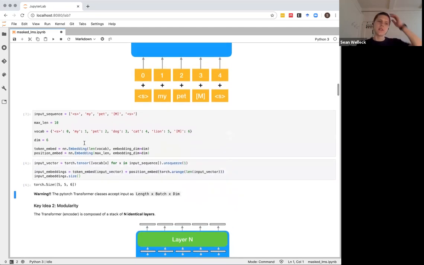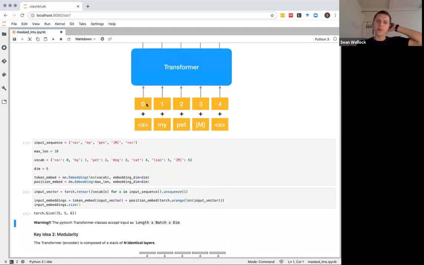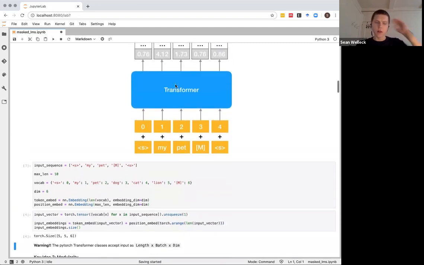Okay, so the two embeddings again. If we look at this transformer, what we're trying to figure out is how do we give inputs to the transformer? As we've seen before, we create vector representations of the inputs.